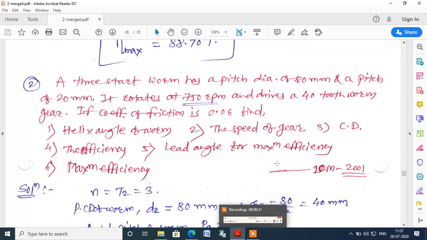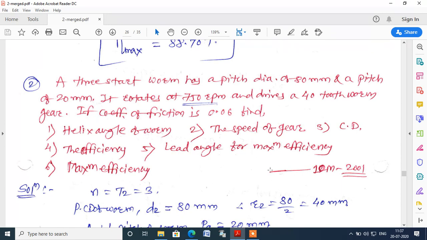A three-start worm has a pitch diameter of 80 mm and a pitch of 20 mm. It rotates at 750 rpm and drives a 40-tooth worm gear.